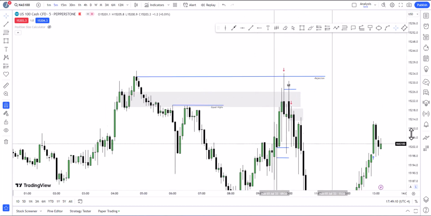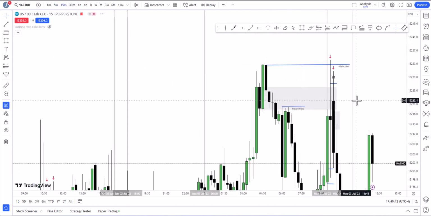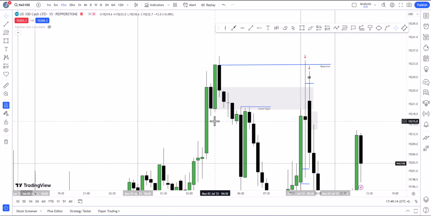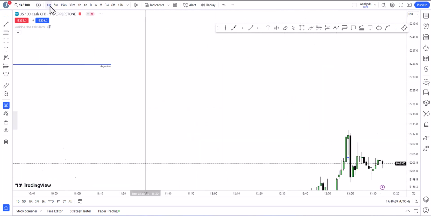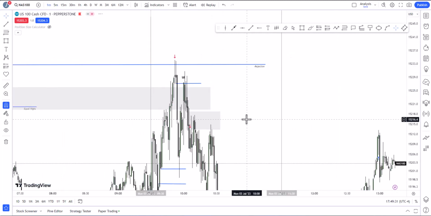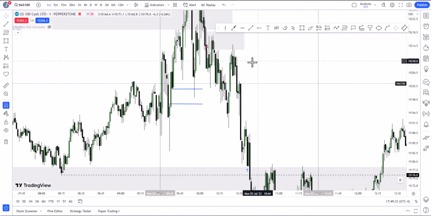Okay, so I'm breaking it to 15. That area there, price was accumulating inside that, so they're going to offset their positions basically and sell in there. So this hold here, beautifully targeted that, and then boom.